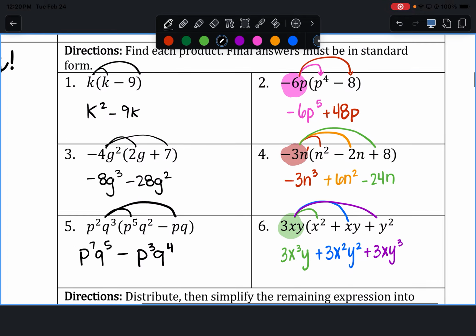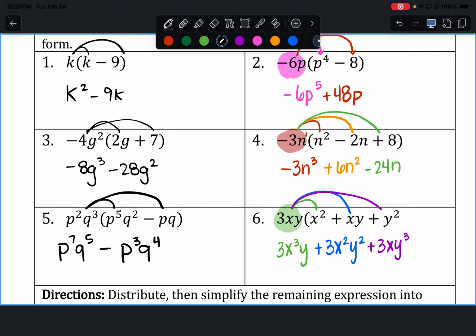All right, y'all should be working on those 3 problems. When you get your answers, you need to check them. If you have questions, raise your hand and I will come look at your paper and talk to you about it.